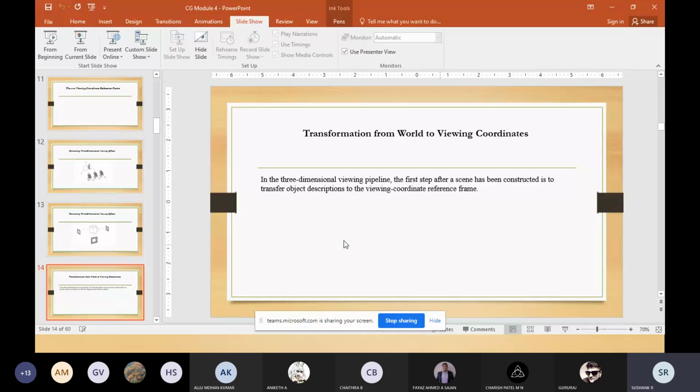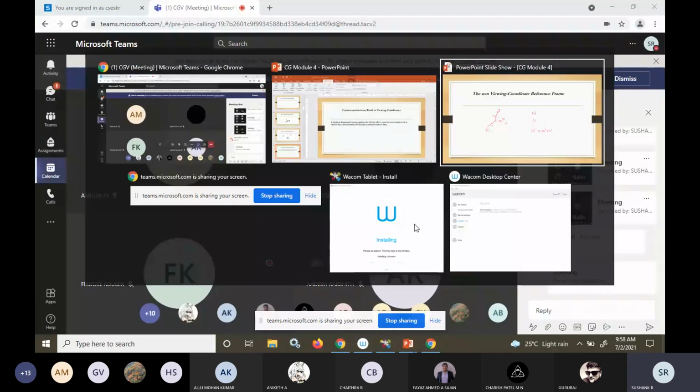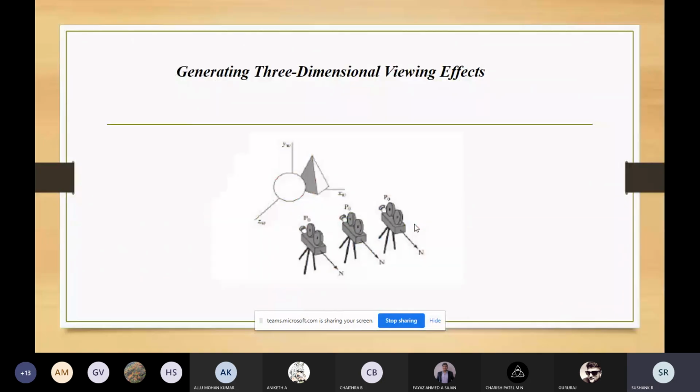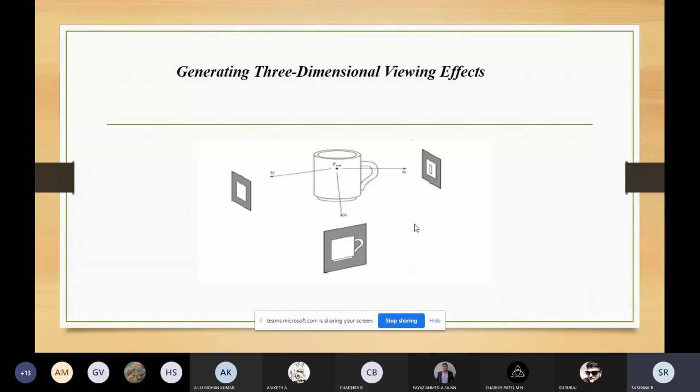After this, we studied the three-dimensional viewing effects, where we were keeping the point P naught constant and moving the camera along the n direction. That was one way. Another way was, for the object under reference, capturing the different faces or different sides.